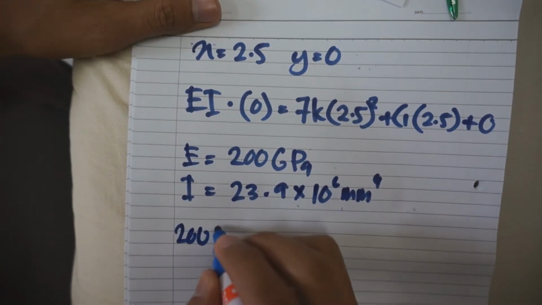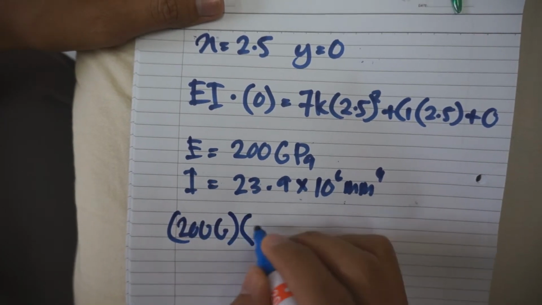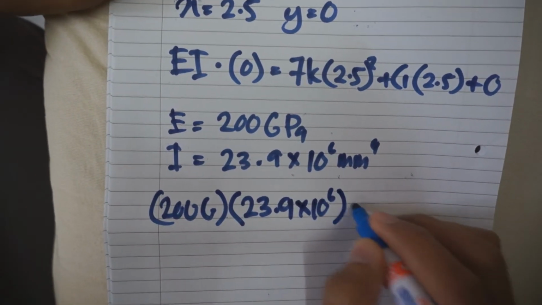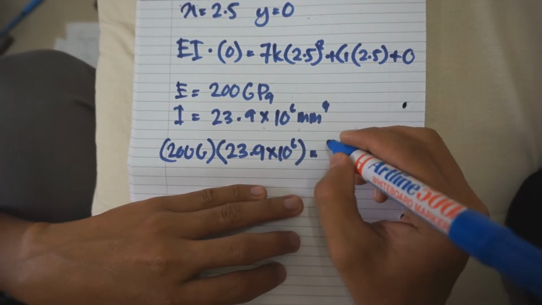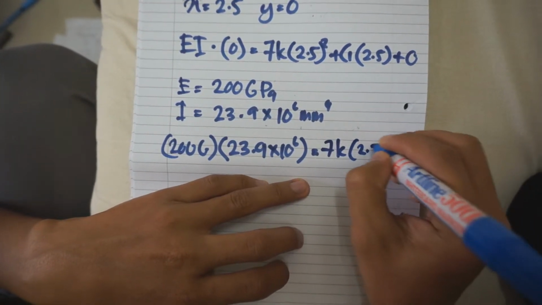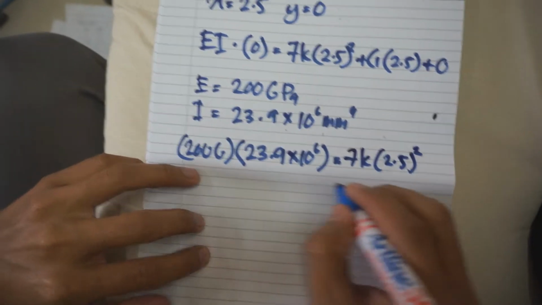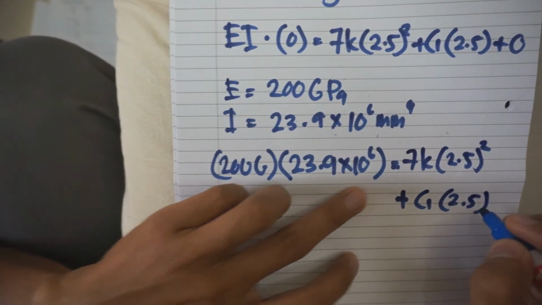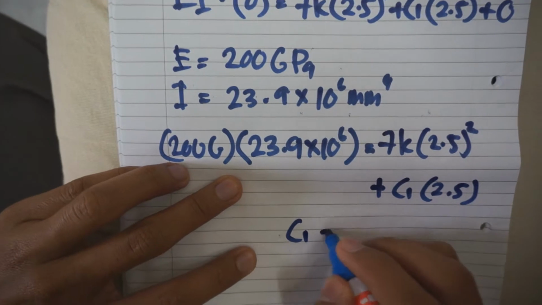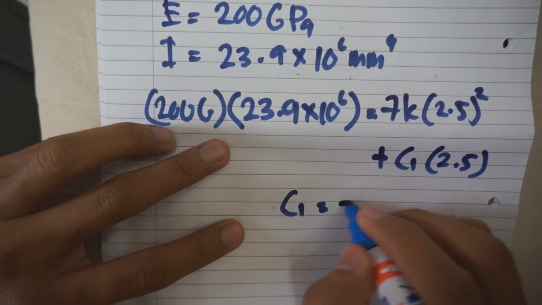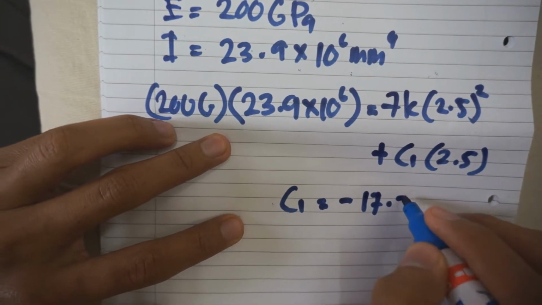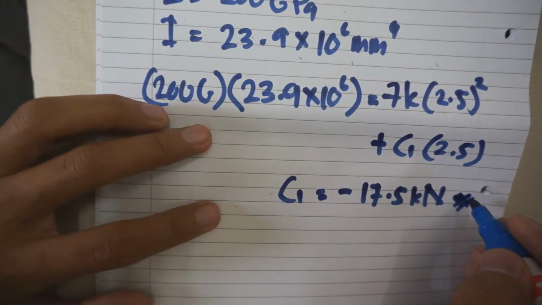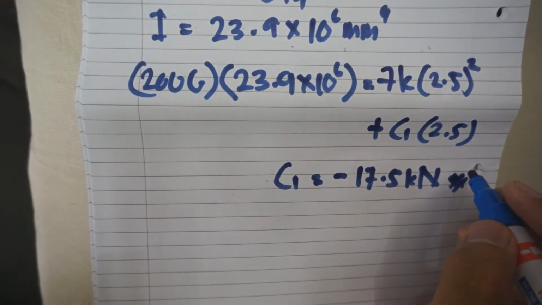So 200 giga times 23.9, equals to, so after the substitution it will be like this. Okay, now the amount of c1 is, okay, we got the c1.